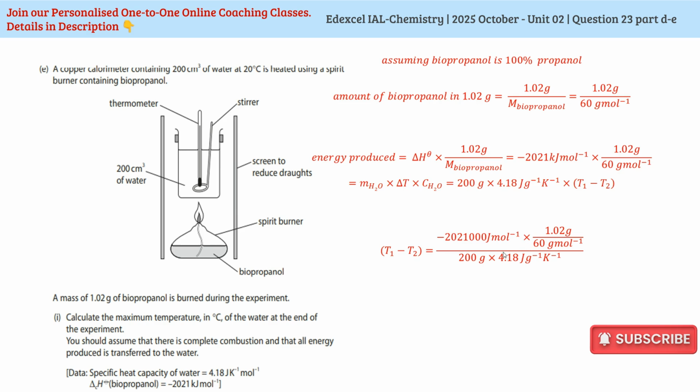So the units cancel off. And when I simplify this equation, I'm getting the delta T value as minus 41.09. When I simplify that, I'm getting minus T2 equals minus 41.09 minus T1.